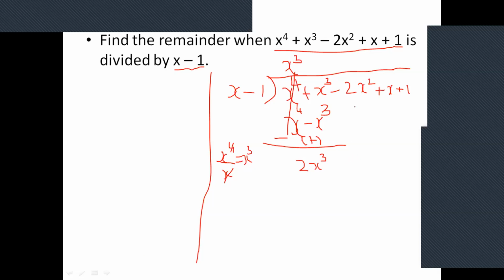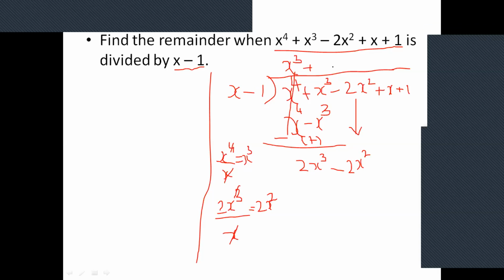Then bring this 2x square down here. Again, x into what gives this? Those who can't, again you can follow the exponent method, it's just optional. x cancels, so you get 2x square, and that comes here.